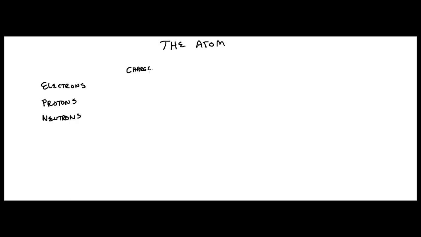Let's say the charge. What is the charge of an electron? It's negative, all right? All right, what's the charge of a proton? It's positive. And how about the neutron?